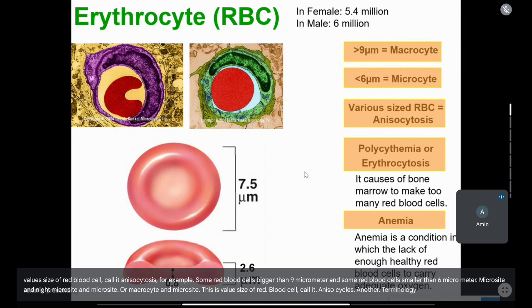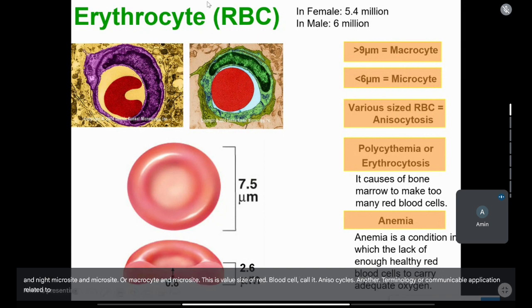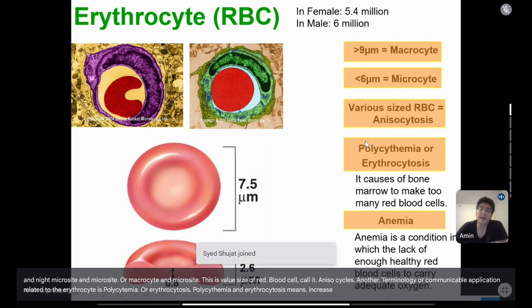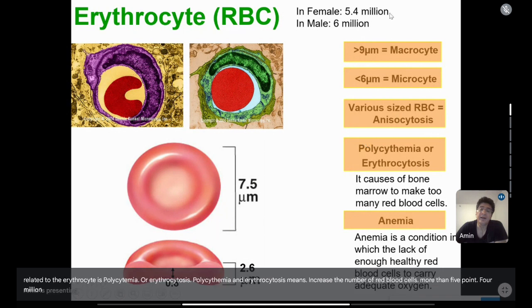Another terminology or clinical application related to the erythrocyte is polycythemia or erythrocytosis. Polycythemia and erythrocytosis mean an increase in the number of red blood cells to more than 5.4 million per microliter in females and more than 6 million per microliter in males.